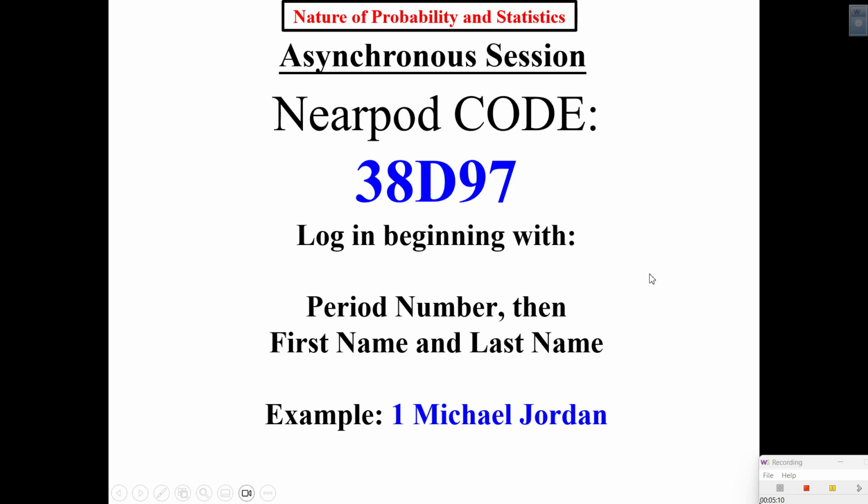D97. There's the code in case you don't finish. 38D97. No, this is in case you don't finish. All right, those of you following on YouTube, this is the code that you need in order to access the home play. All right, let's continue.